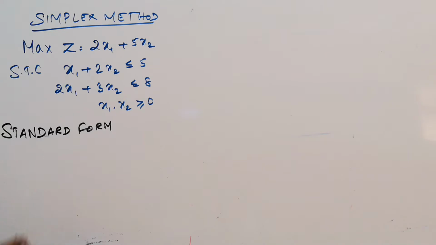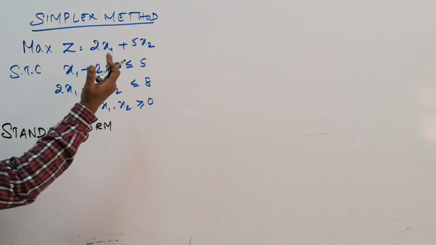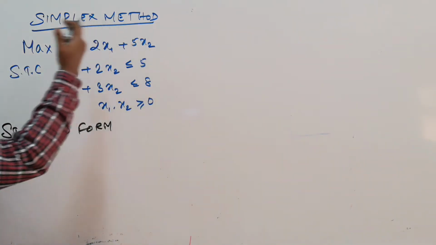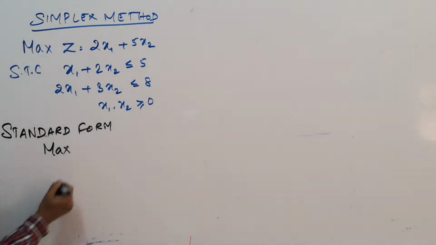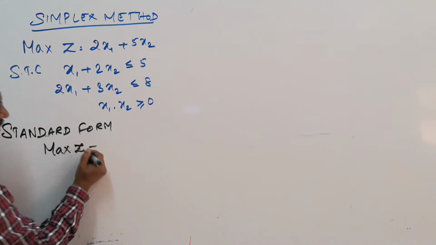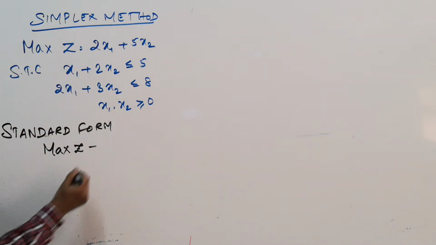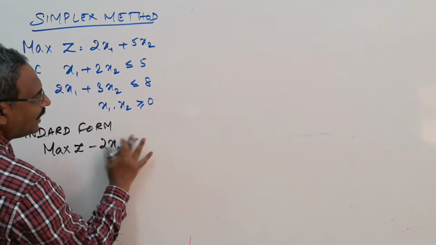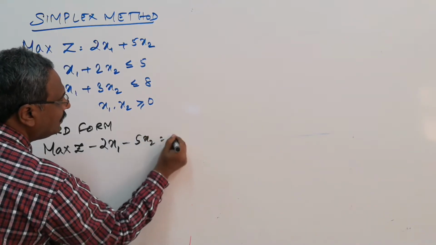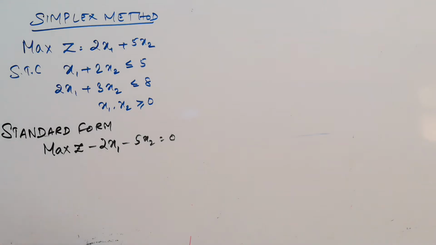We are going to take the objective function and take all the variables to one side. So what we have here is maximum result. I am going to take all the variables to one side, so this will become minus 2x1 minus 5x2 equal 0.